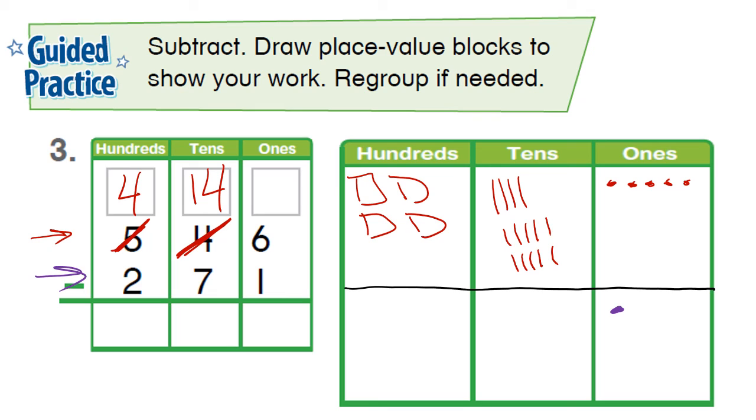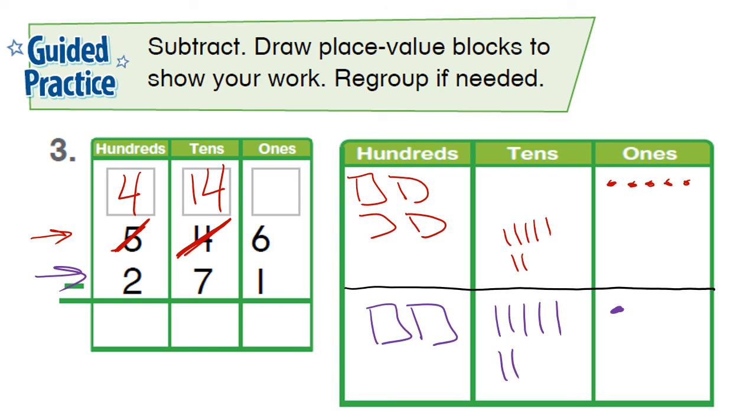Now I can subtract 7 from 14. 7 rods from 14 rods, 7 tens from 14 tens. I can do that. So 1, 2, 3, 4, 5, 6, 7. And from our 400, we need to subtract 200. And we can do that.